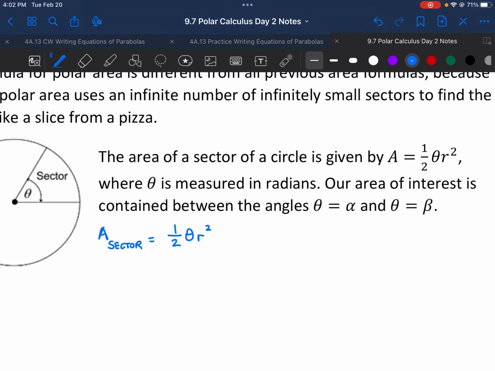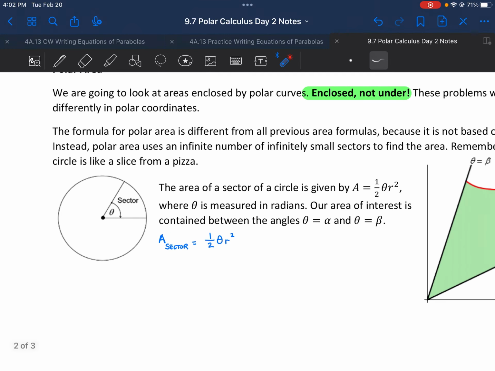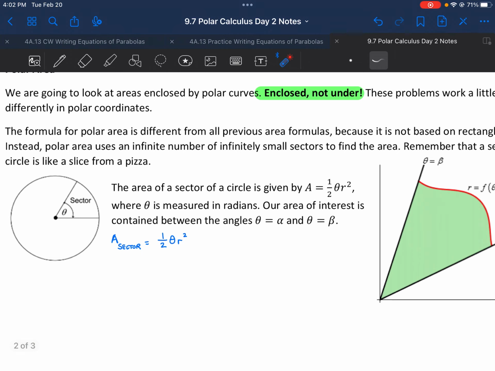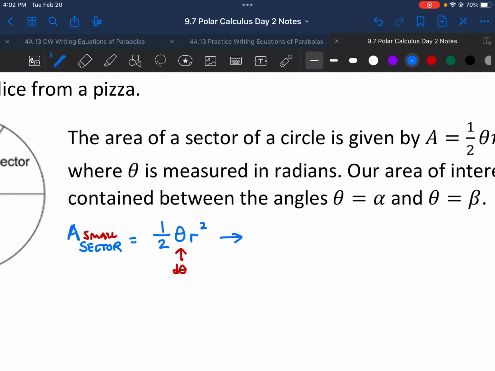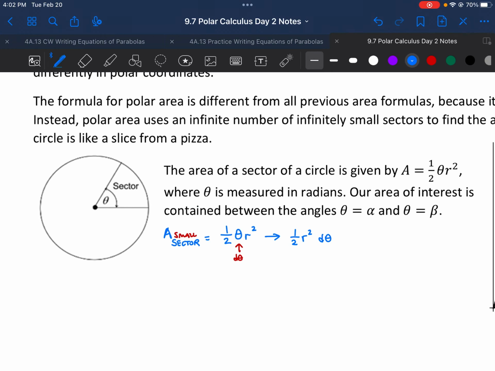Now the thing is, we're going to be taking the sum of infinitely small sectors, so this theta is going to be getting smaller and smaller. We're going to think of this as d theta, kind of like we looked at dx as the little width of those rectangles. This will be 1/2 r squared d theta.